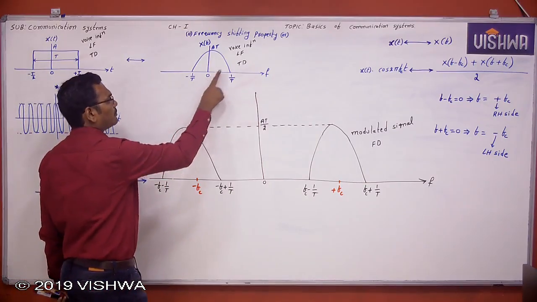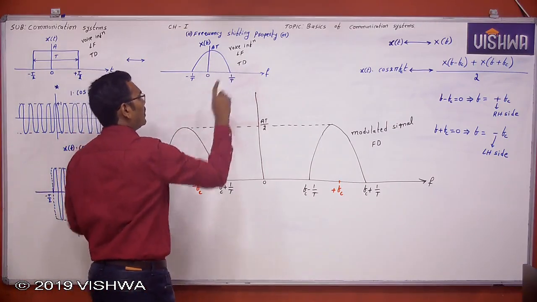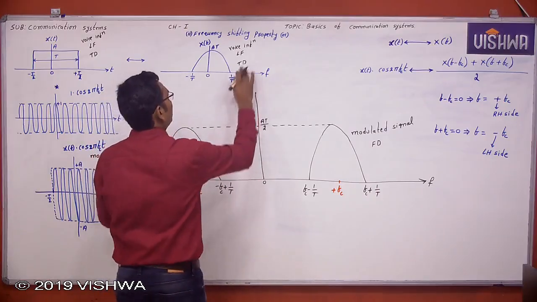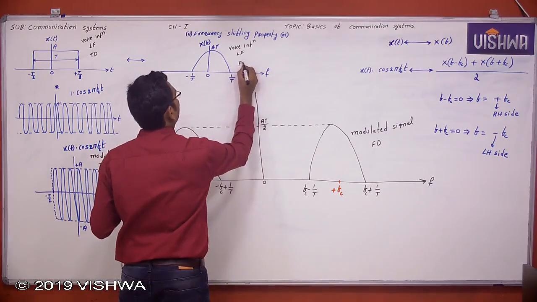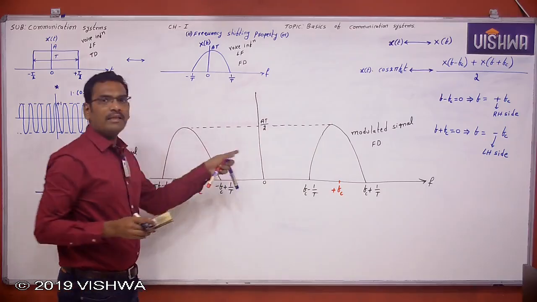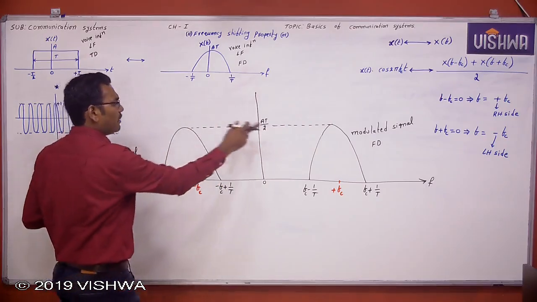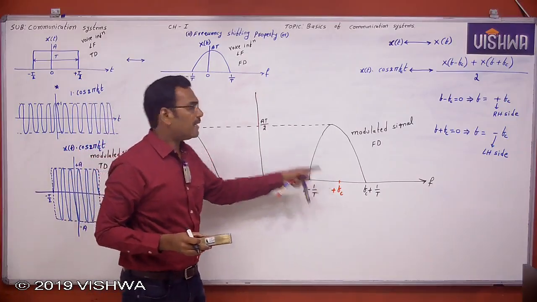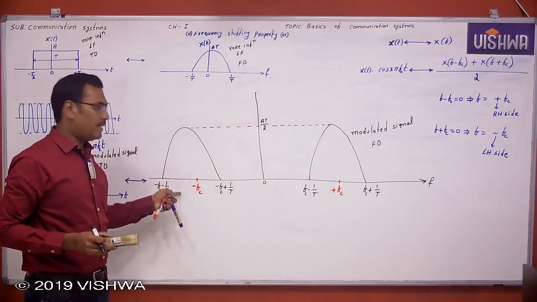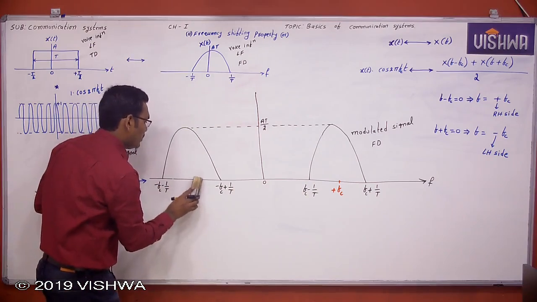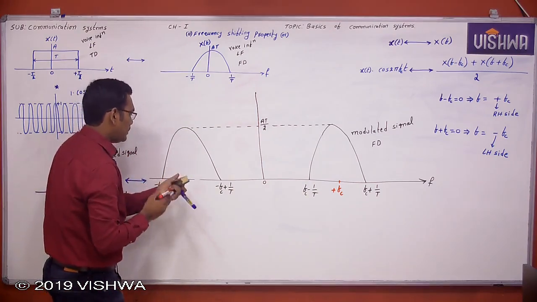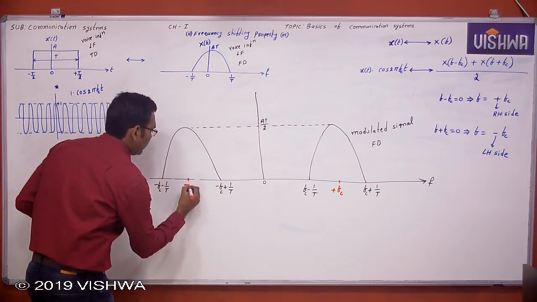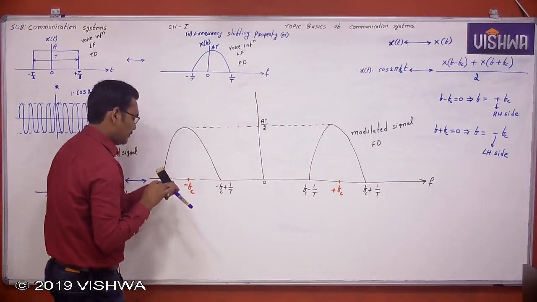See here, this is the low frequency information, but in frequency domain. When the modulation is completed, this spectrum is shifted to the right side and this spectrum is shifted to the left side. Am I right? Now what can we understand here?